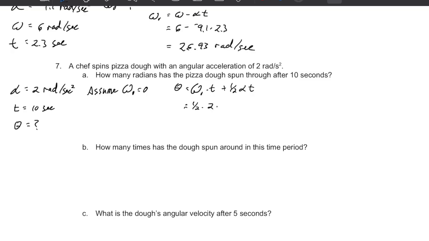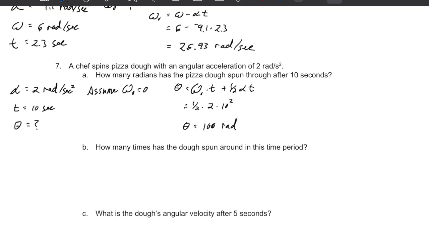And yes, it looks like I left the square off of my equation, but I remembered it on the second line. So theta ends up being 10 squared, which is 100 radians. 1/2 times 2 times 10 squared.